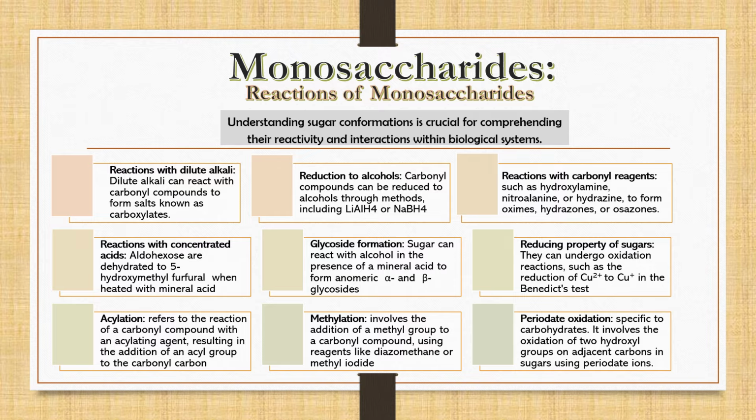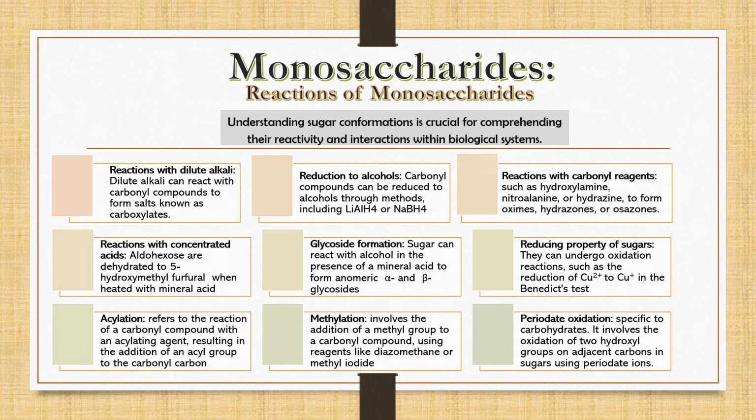Sugars, especially reducing sugars like glucose and fructose, have the ability to act as reducing agents due to the presence of a carbonyl group. They can undergo oxidation reactions, such as the reduction of copper 2 plus to copper 1 plus in the Benedict test.